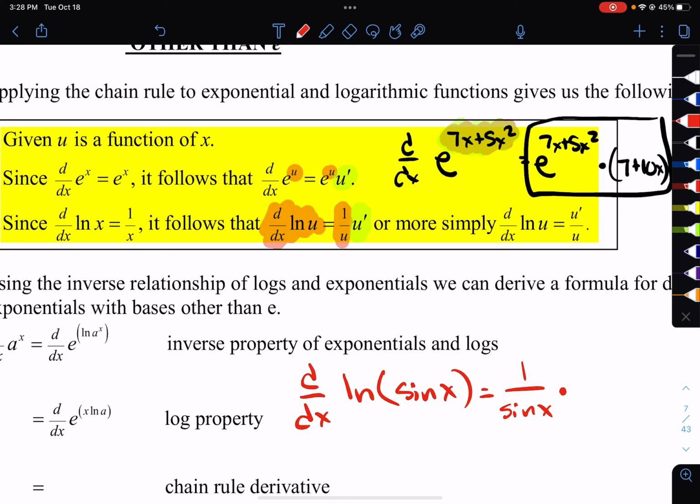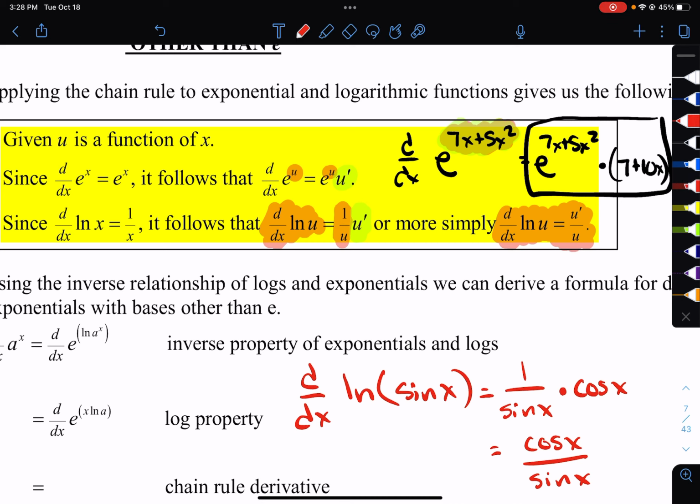But then I have to multiply by the derivative of the inside, which is the cosine of x. So when I rewrite this, I end up with the cosine of x over the sine of x, which is this same formula that they give us right here. The derivative of the natural log of u is u prime over u.